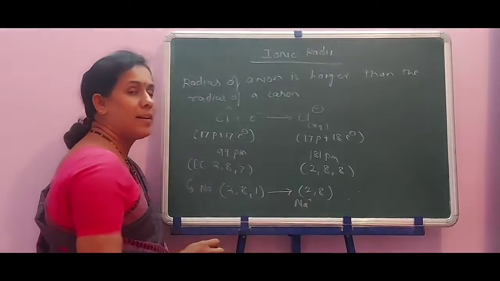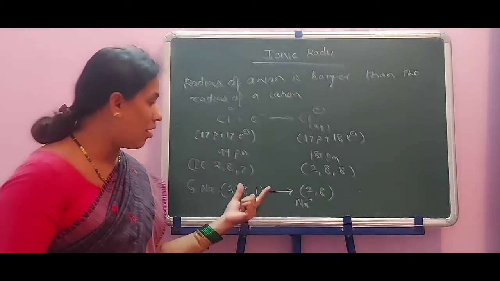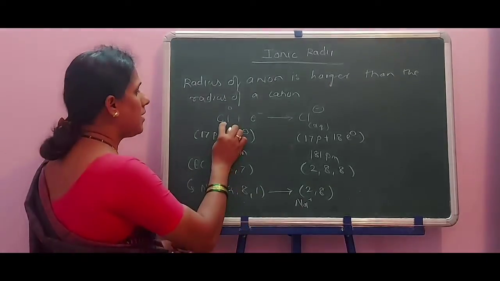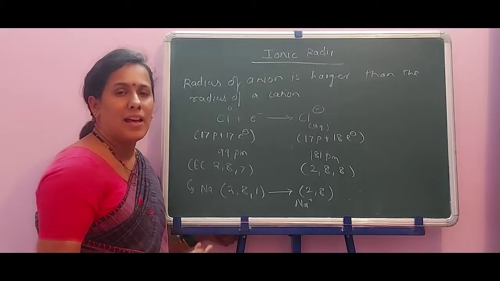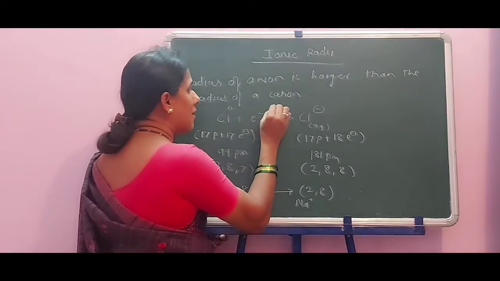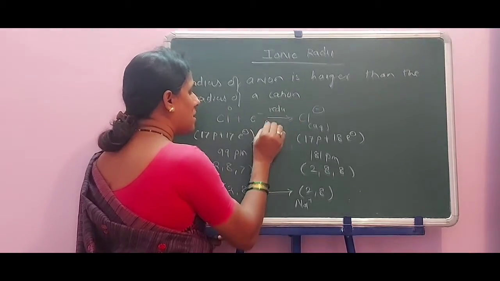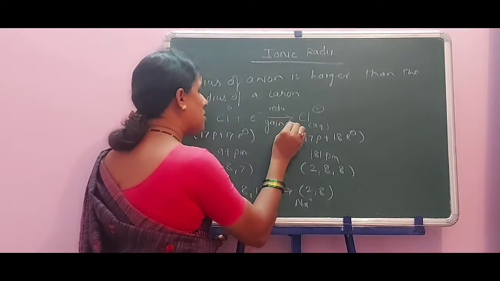Here there is a decrease in the electron, or the loss of electron. But in this case, which reaction takes place? That is the reduction reaction. Reduction means gain of electrons.